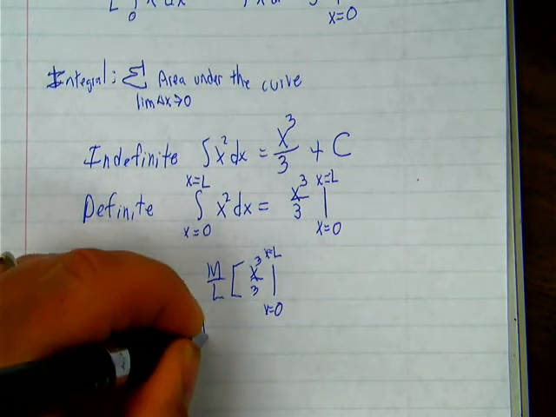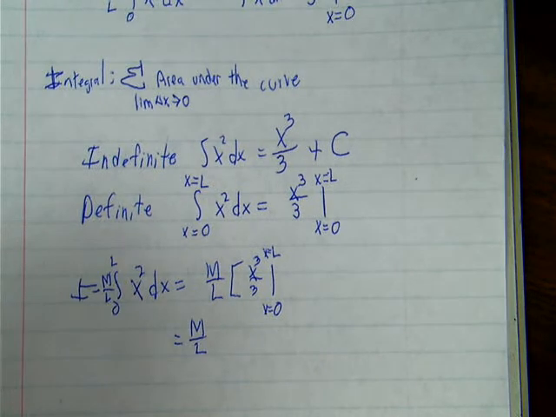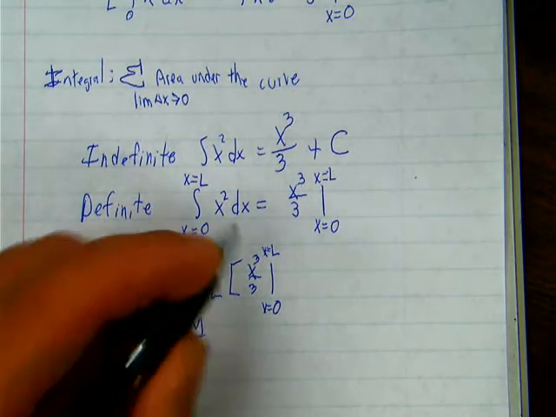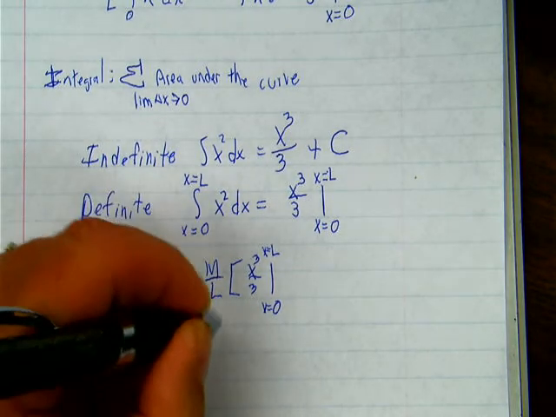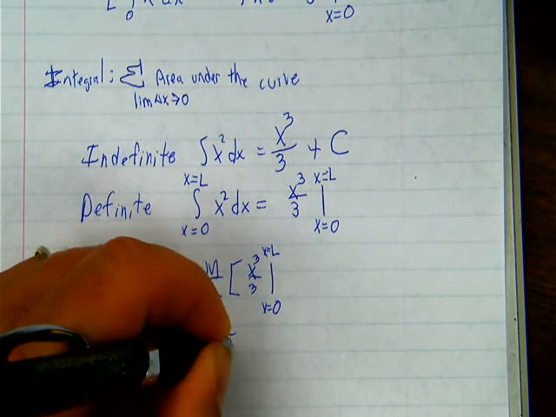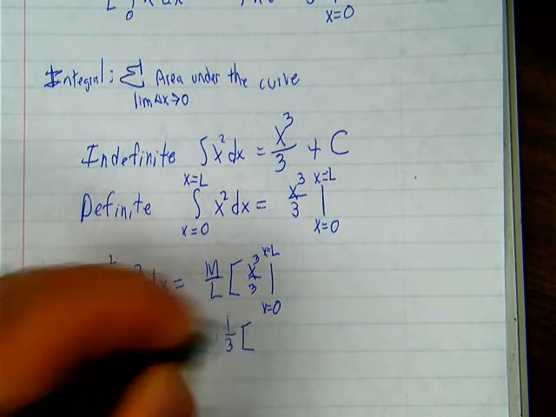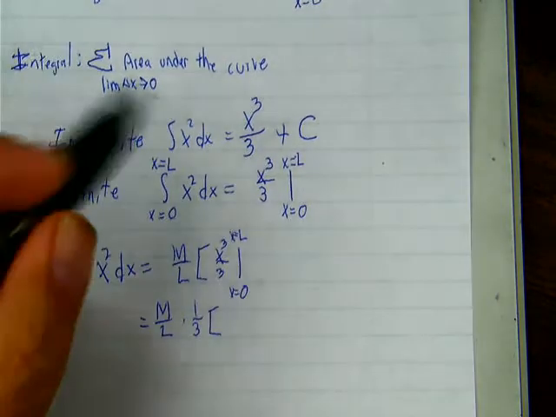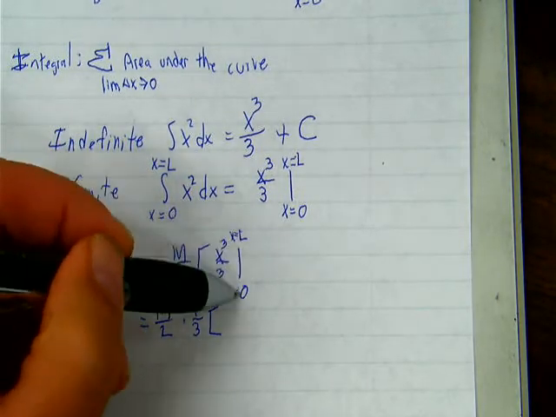M divided by L is the constant in front of the integral. Now I can pull out a 1/3. So times 1/3. And now in brackets, I evaluate the two limits.